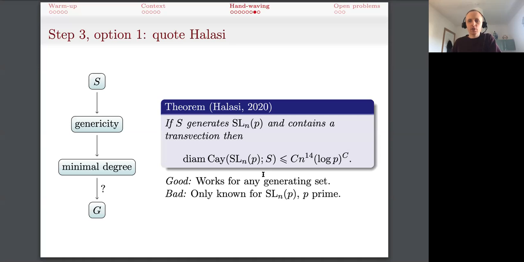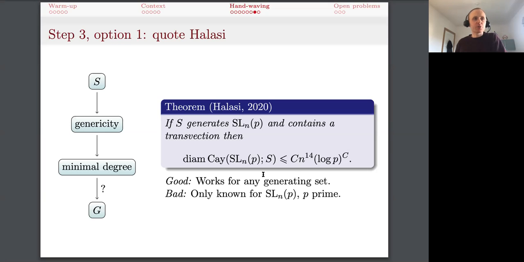So this is a difficult work. I guess it's not difficult in the sense of long. It's something like a 15-page paper, but it's quite ingenious. It's actually a very beautiful argument. Anyway. Okay, but we have another option.